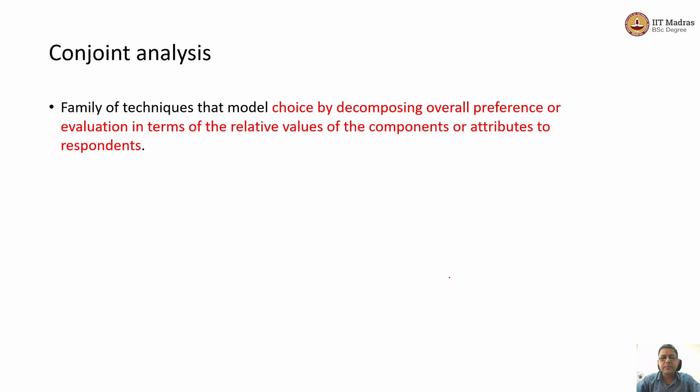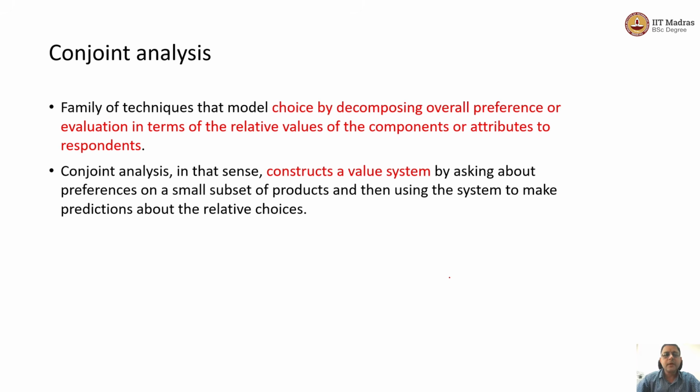We are going to decompose in terms of relative values of the components or attributes. We are going to assign relative weights to the attributes. And then, hopefully through that process, we are going to try and understand what the consumer is thinking.